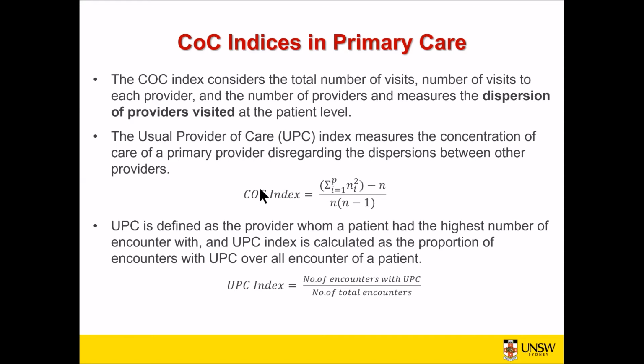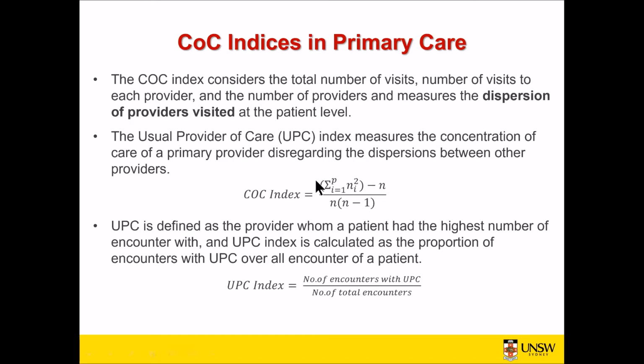So without having to understand the equation, it measures how dispersed a patient visits the different care providers around the home or in the network. And for this equation to apply, you have to have at least 3 visits to a general practice provider within the study period.